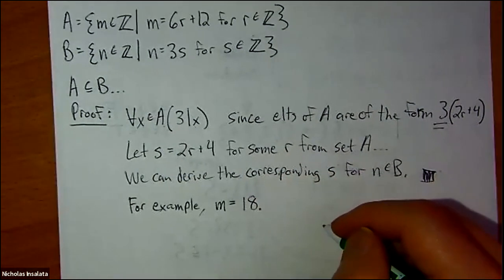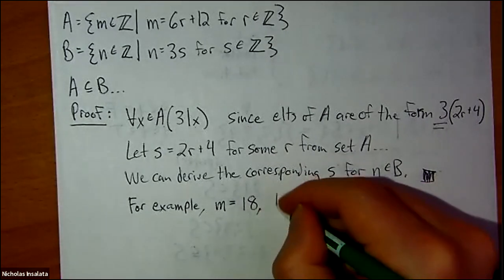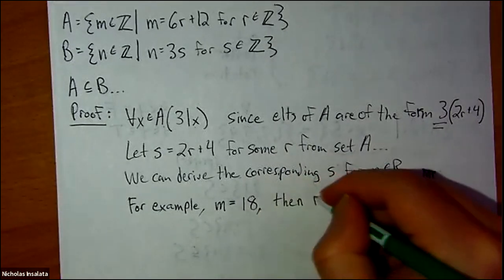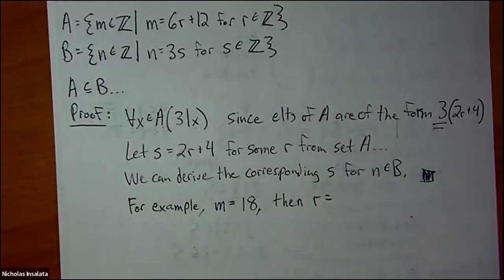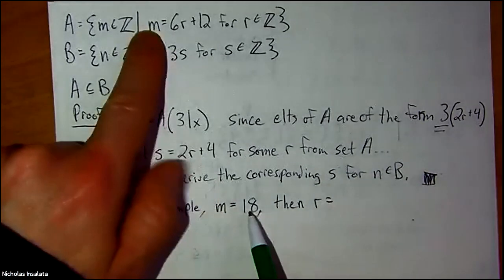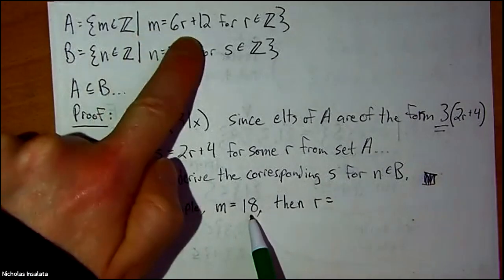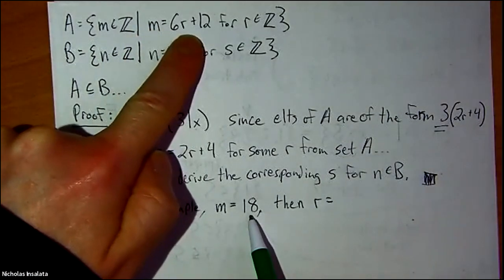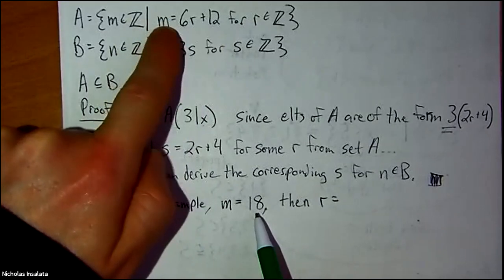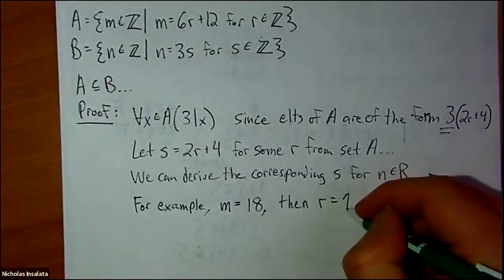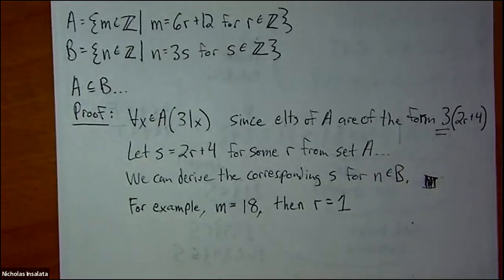If m equals 18, then r equals what? Yeah, 1, right? So if m equals 18, then r would have to be 1, because 6 times 1 is 6 plus 12 is 18. So r would equal 1.